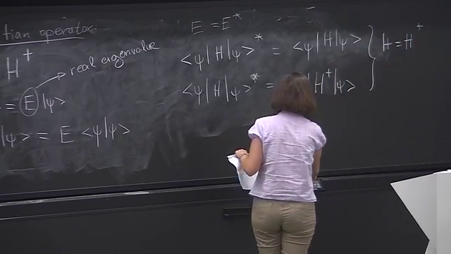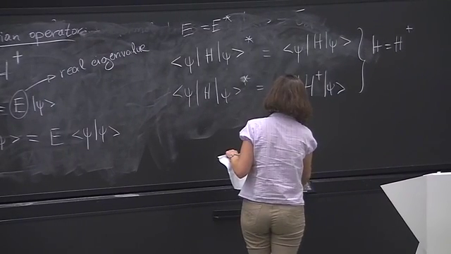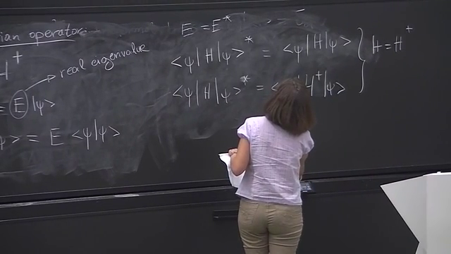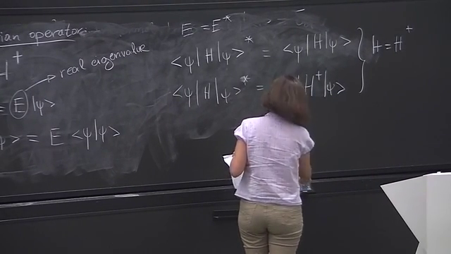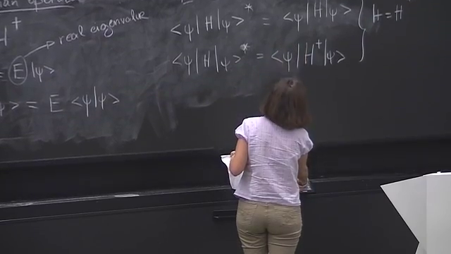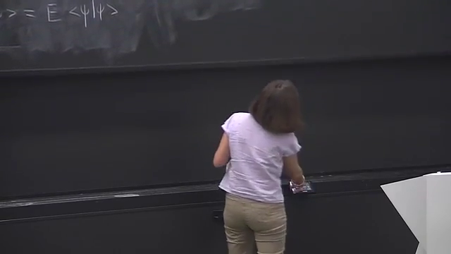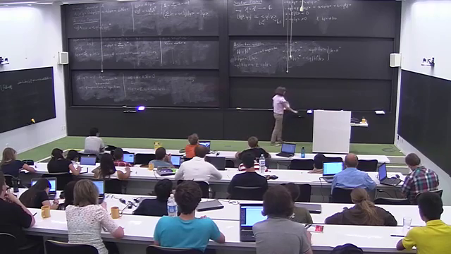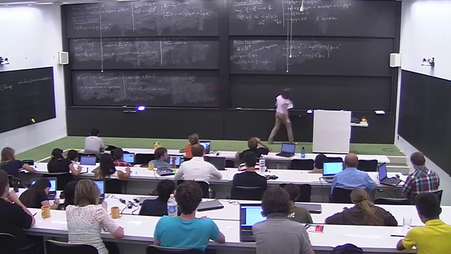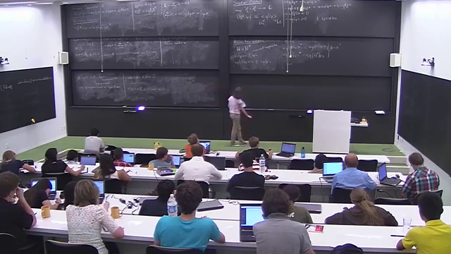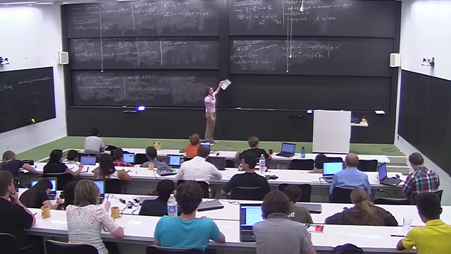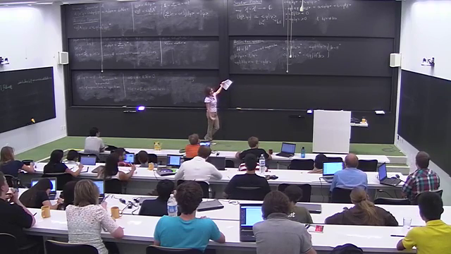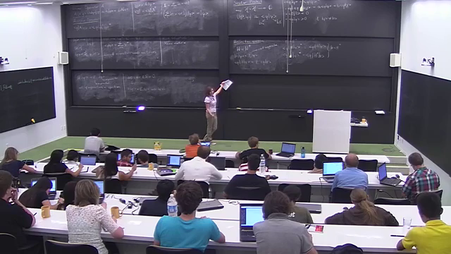So H has to be equal to its adjoint. So Hermitian operators have real eigenvalues, and this is why they are very useful in quantum mechanics.